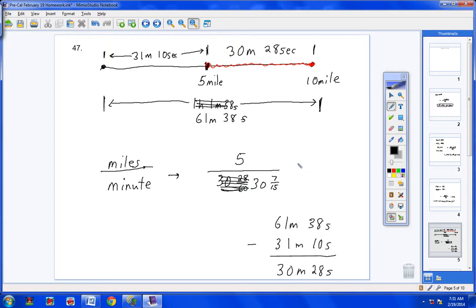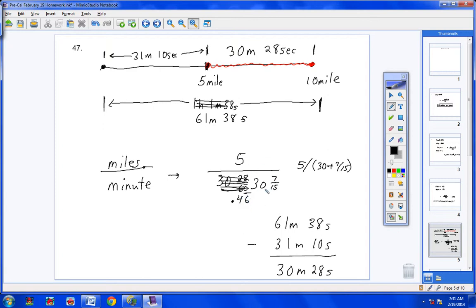If you have a graphing calculator, I would type 5, then divided by, and this should pop up, and then put parentheses, and then put 30 plus 7/15, and close your parentheses, because 30 plus 7/15 is 30 and 7/15. So if you type 5 divided by this right here, if you want to use a decimal, that's fine. The decimal for the bottom would be 0.46 repeating.